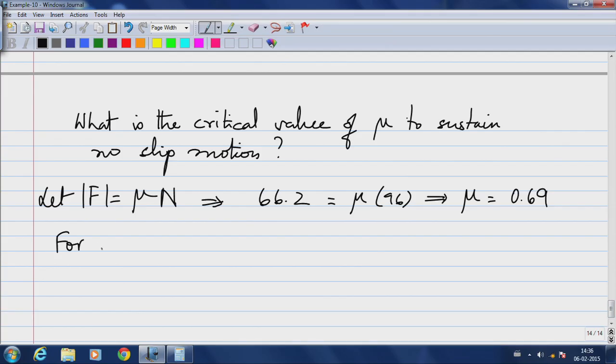So, for mu equal to half, let us be clear, mu is less than the mu critical, which implies the sphere is likely to slip.